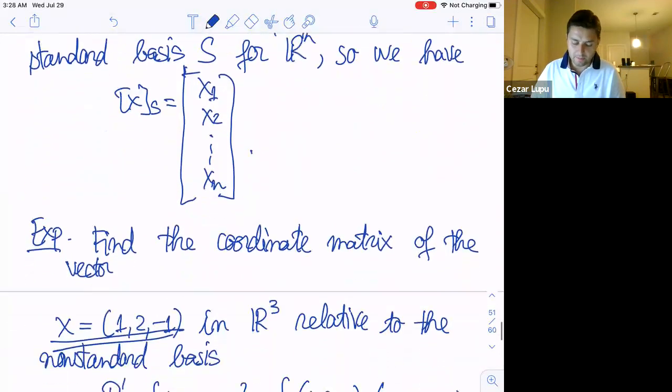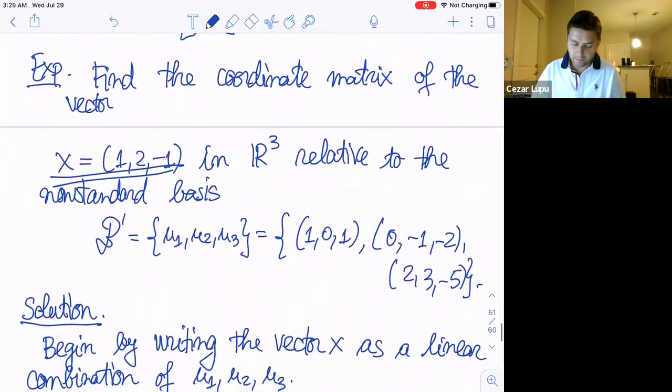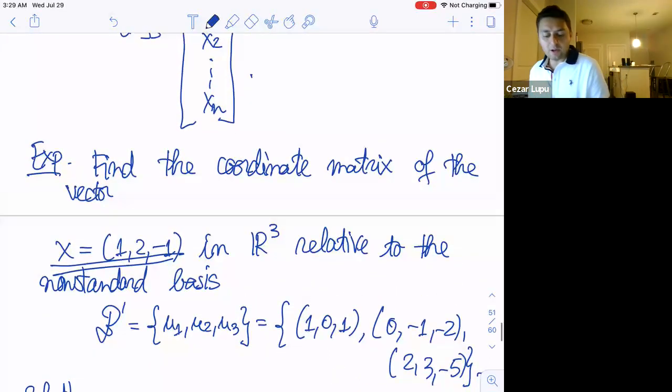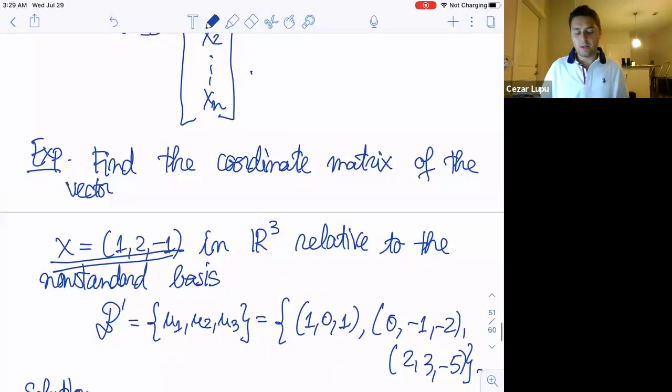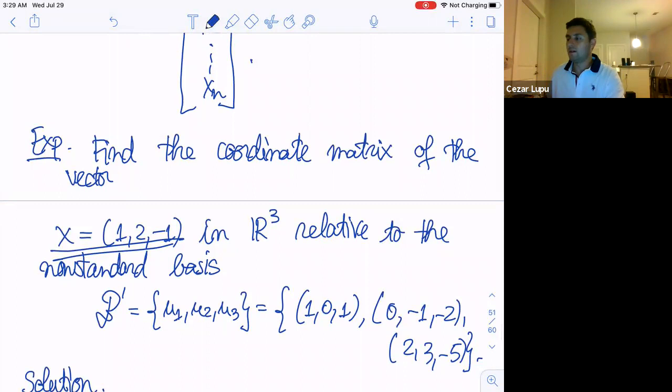Now let's give an example. Find the coordinate matrix of a vector x, which is 1, 2, -1, in R3 relative to the non-standard basis B prime, which will consist of these vectors, U1, U2, U3, in R3.